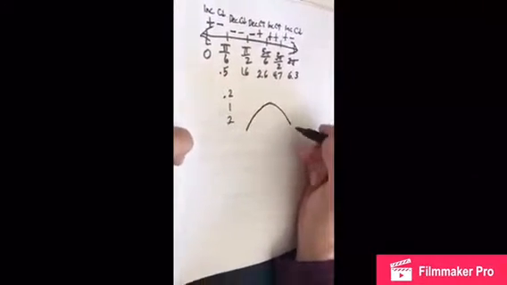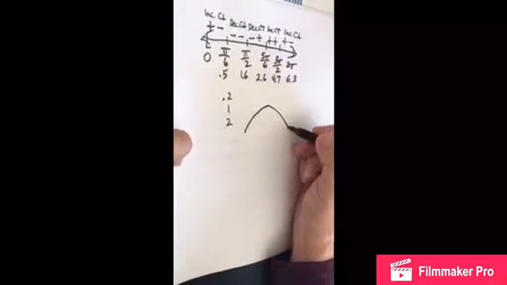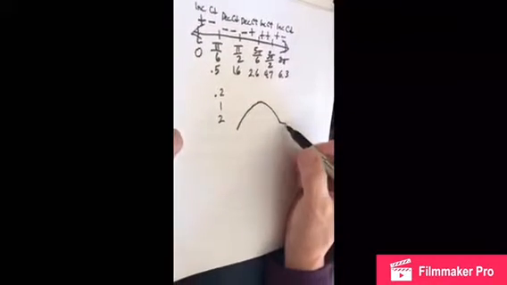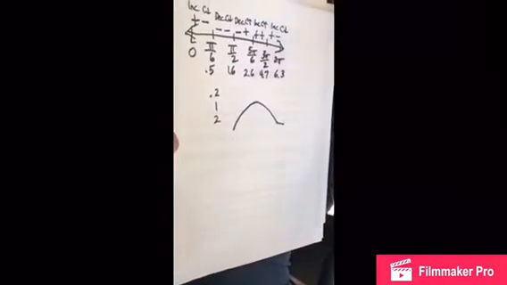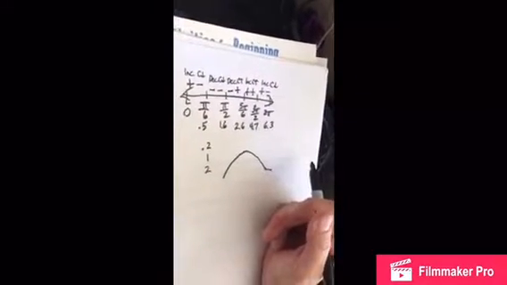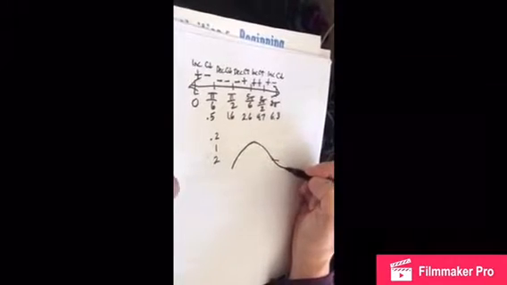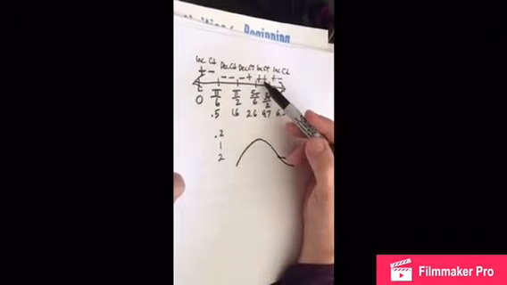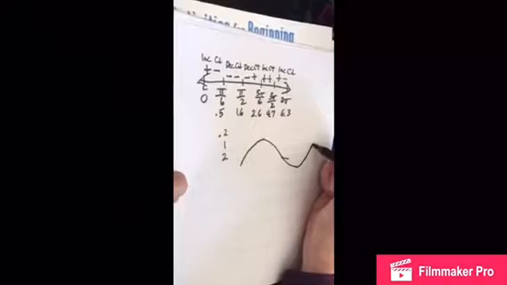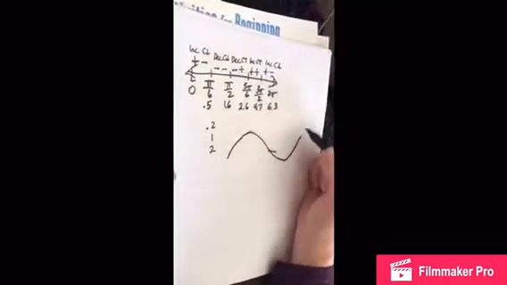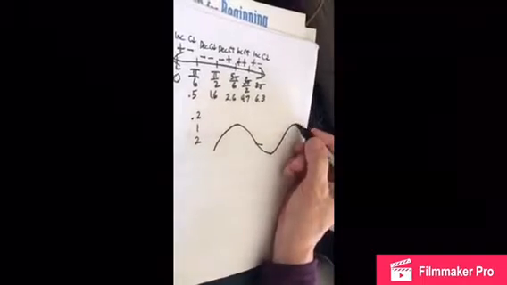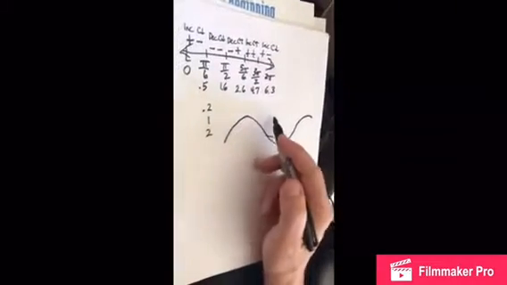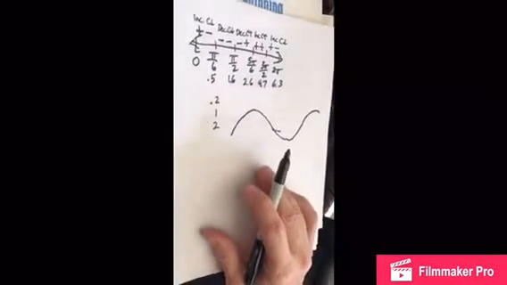Decreasing and concave up, what does that mean? Decreasing and concave up looks like this, okay? And then increasing and concave up would be here. And then increasing and concave down would put us again like that, okay? And that's what you would expect from a trig function, okay?